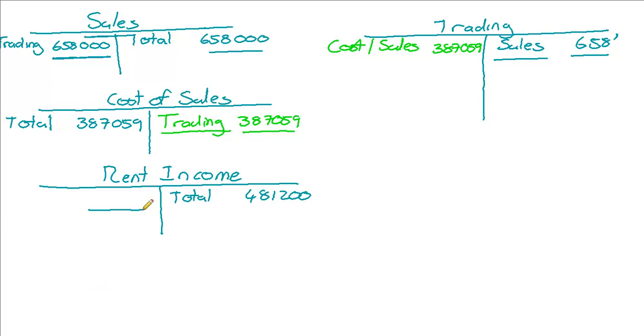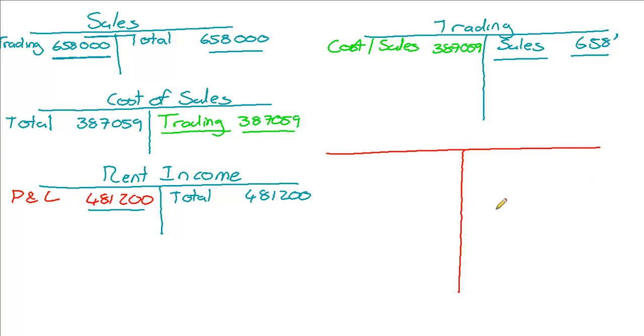So let's use a different color. 481,200. Which account do we close this off to? It's going to be my profit and loss account. So let's draw the profit and loss account here. Right, so that was a debit to rent income, so profit and loss will have to be credited with the 481,000 Rand. My details is going to simply refer to the account that was closed off, rent income.